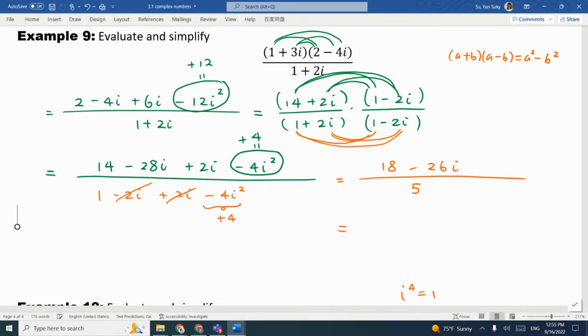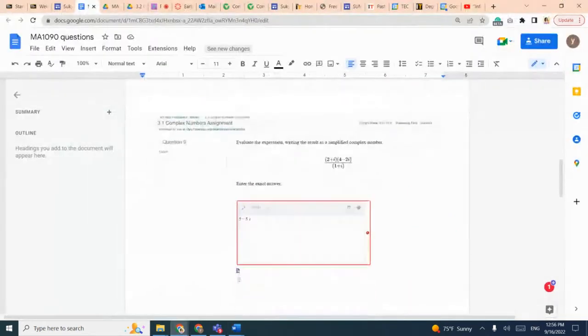Awesome. So at the end, please separate your complex numbers into the real part and the imaginary part. So we have 18 over 5 minus 26 over 5 i. So this is the final answer. Okay. So your homework problem is like this one, so you use similar steps. Multiply out the numerator and then multiply by the conjugate of the denominator.